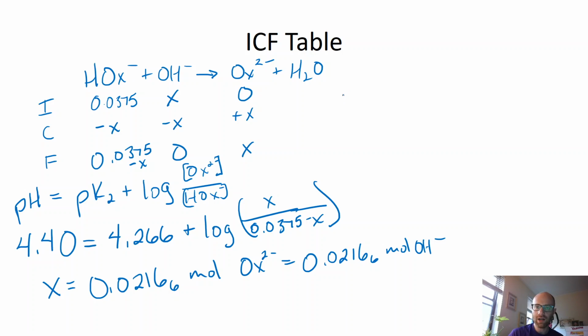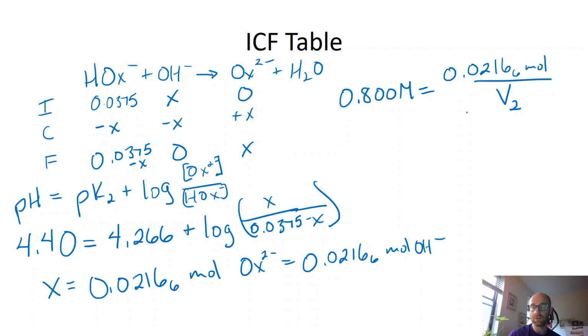Keep in mind that we have 0.8 molar solution, so 0.0216 moles over, and we're going to call this V2 since we're in the middle of the problem. This is our second V, and V2 in this case should be equal to 27.05 milliliters, which is good because that's less than the 46.9, so that makes me a little bit hopeful that I got an answer that makes sense.